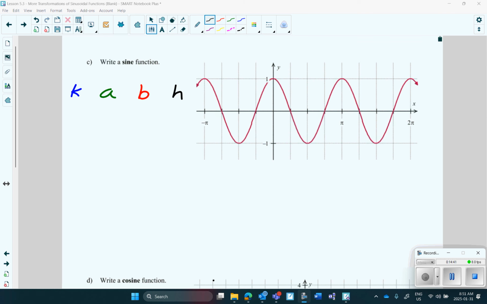Did we get K and A? K is? A is? Good. B, the formula is 2 pi over the period.